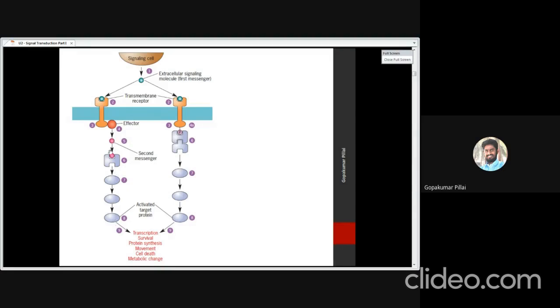You can see many arrows down the way, passing that signal to various proteins until it reaches the nucleus or the target region where a particular response is to be achieved.